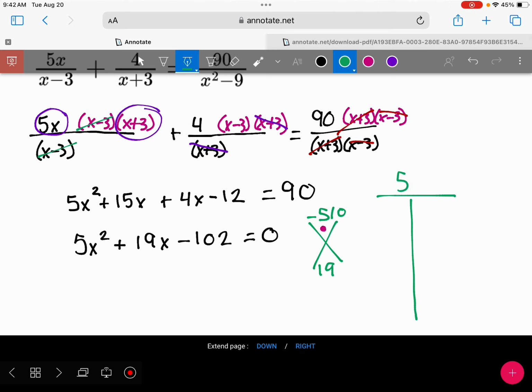So we're going to find our factors of 510. I was going to say 51 and 10 are definitely options. We can also have 1 and 510. That's always an option. It's not particularly helpful. I was going to say 34 and 15 is going to be what we wind up with. Which one of those is going to be negative? 15, because I need my 19 to wind up positive. So when in doubt, make a list of our factors.